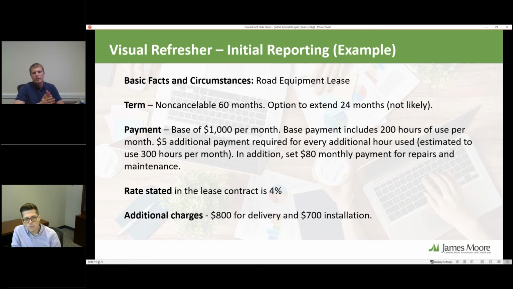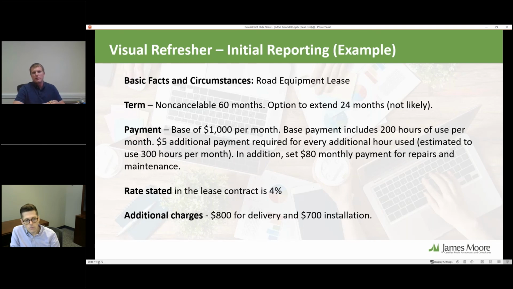So, visual refresher, here we're going to go into a specific example. Basic facts and circumstances: we've got a road equipment lease. The term of this lease is a non-cancelable 60 months with an option to extend 24 months. Based on judgment, we've determined that it's not likely that that option is going to be extended. The payment is going to be a base payment of $1,000 a month. That base payment includes 200 hours of use per month on this equipment lease.